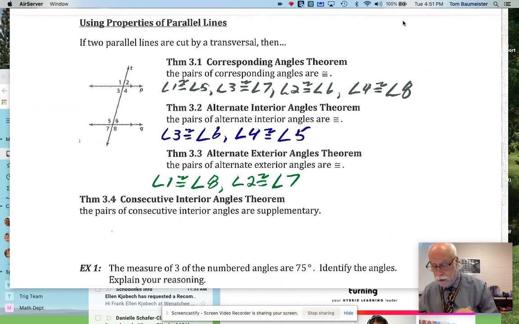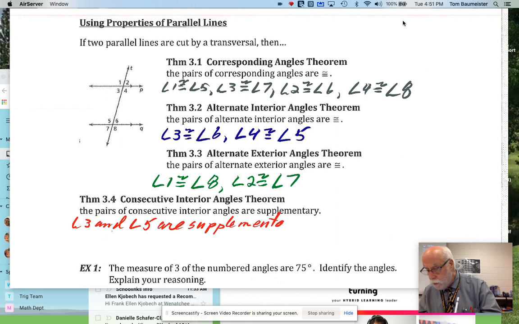So angle 3 and angle 5 are supplementary, and angle 4 and angle 6 are supplementary.